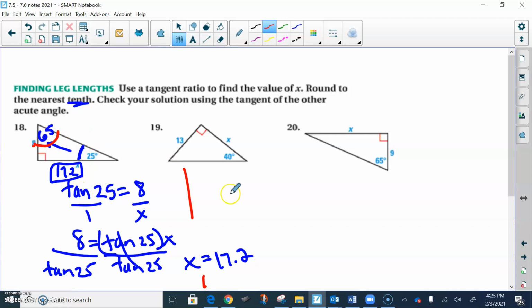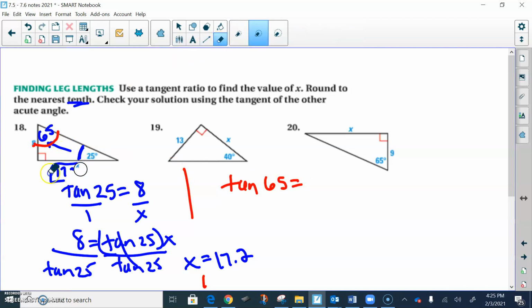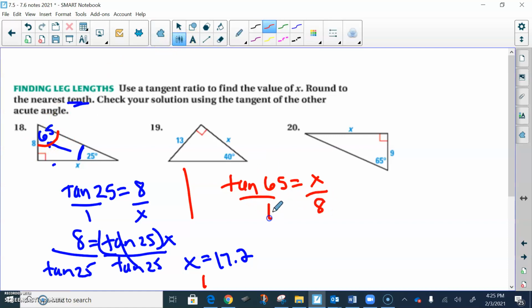So now I know this angle is 65. We can certainly do tangent from there. So tangent from a 65-degree angle equals opposite, which is now our x, over adjacent, which is now our 8. And we're going to cross multiply again. So we get x equals tangent of 65 times 8.